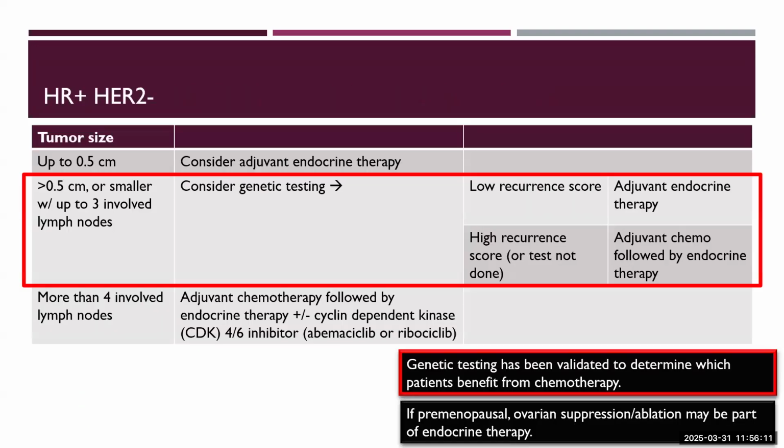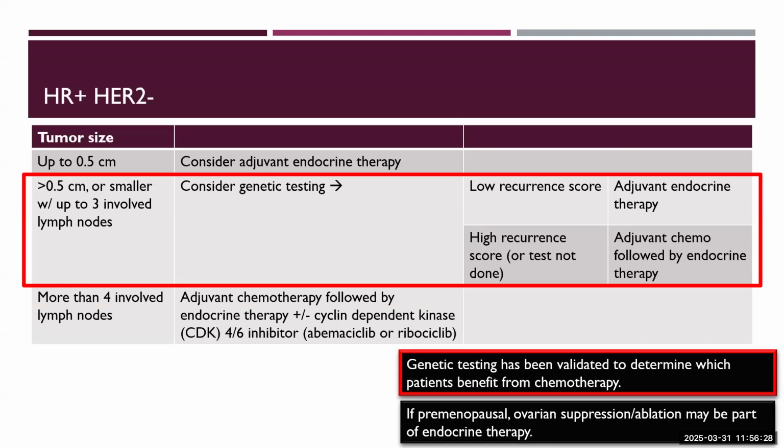So now looking at our HR positive, HER2 negative patients a little bit more closely. Our treatment is going to depend on the tumor size. If the tumor is small, up to 0.5 centimeters, then we're going to consider adjuvant endocrine therapy.